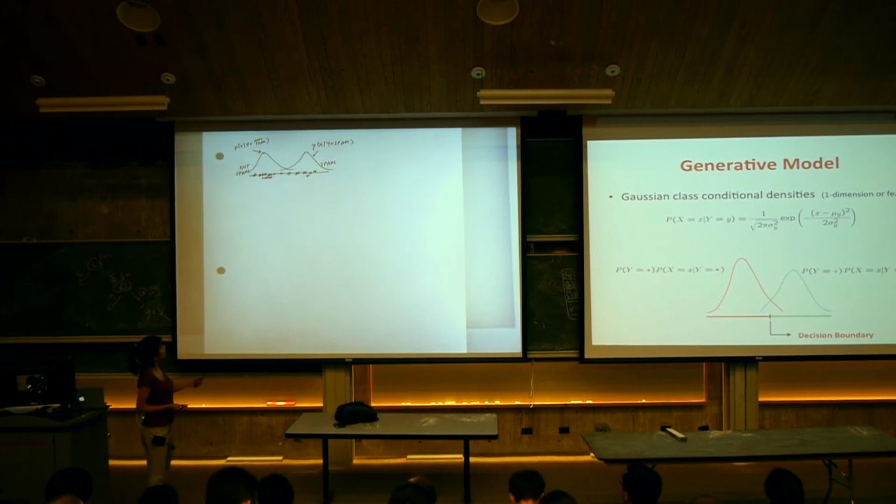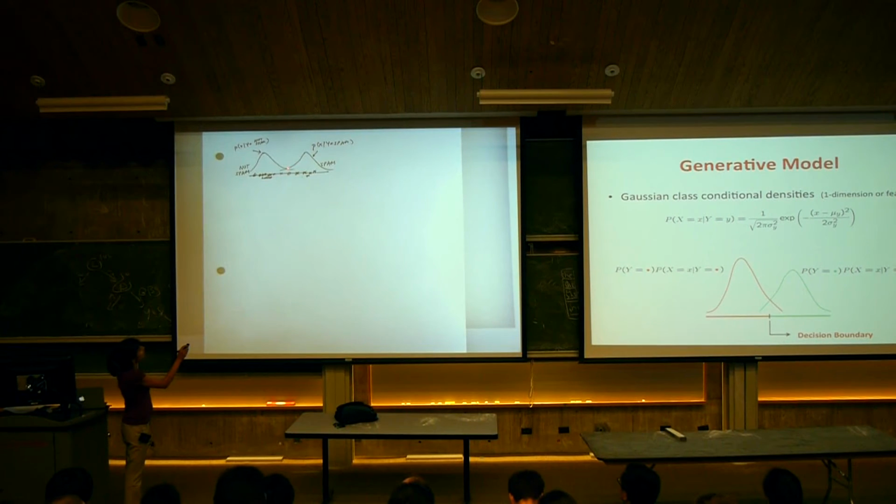In fact, the Bayes optimal classifier says wherever one is higher, you predict that. So spam is higher everywhere to the right of this point here, where they cross, and the probability of x given y not spam is higher here.